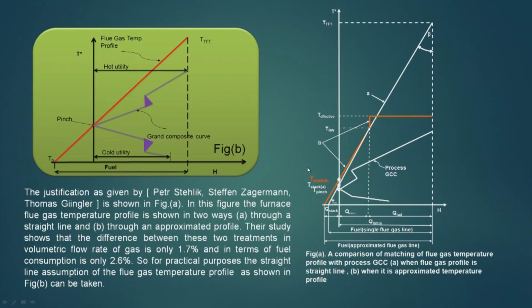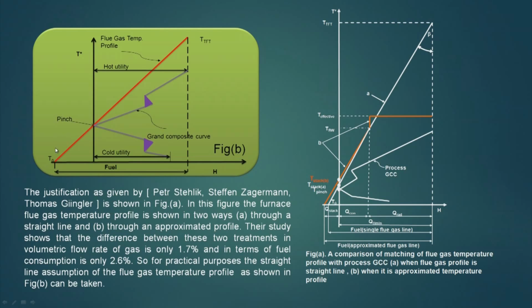Now, this can be clarified by Peter et al. as shown in figure A. In this figure, the furnace flue gas temperature profile is shown in two ways: A through a straight line and B through an approximate profile. The approximate profile is this and the straight line is this.